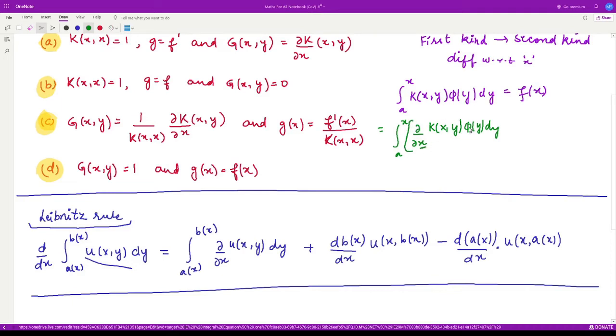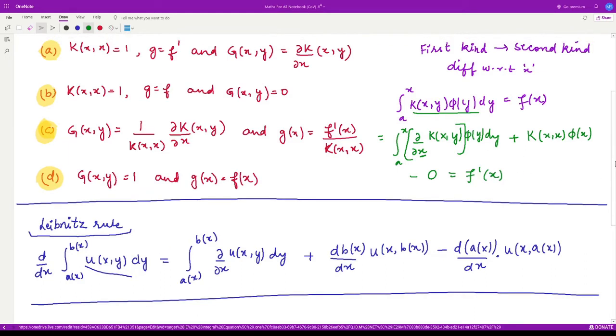So we are only taking the derivative of this kernel term, plus the derivative of the upper limit, that is x. Its derivative with respect to x would be 1. So 1 into the value where y is replaced with x. So it would be k(x,x) multiplied by phi(x). And the lower limit would be minus the derivative of the lower limit, a constant, with respect to x, that would be 0. So this whole term would be 0. This is equal to f dash x.